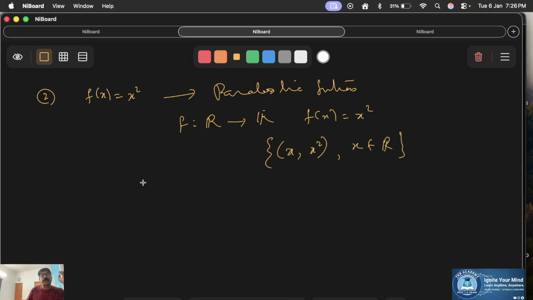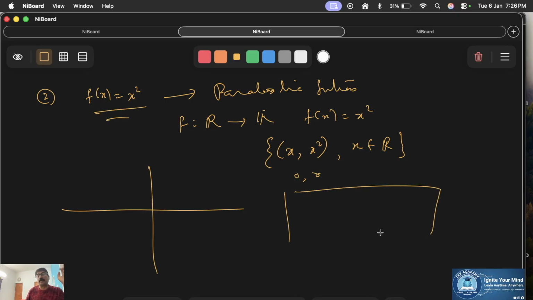Now if you try to draw the graph as before, what happens? Here 0 is an element, and the image of 0 is 0. Actually, normally to draw the graph, we construct a table by taking x values and y values. You take some x as minus 3, minus 2. Of course, in between minus 3 and minus 2 there are more points, because every real number is in the domain.